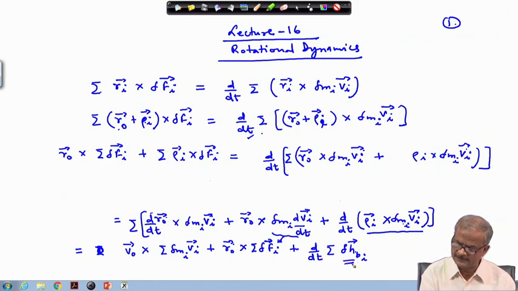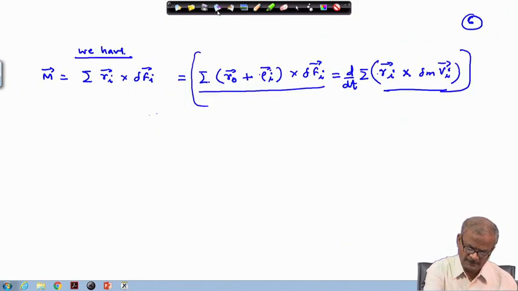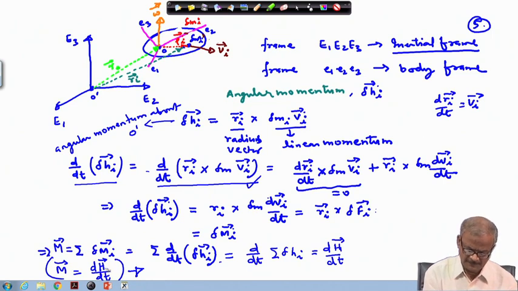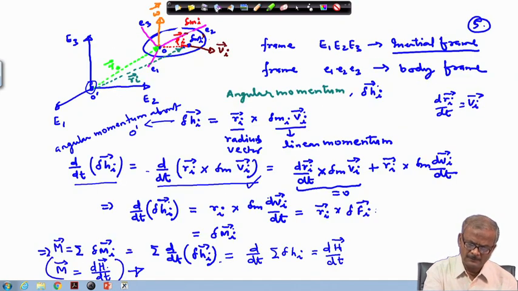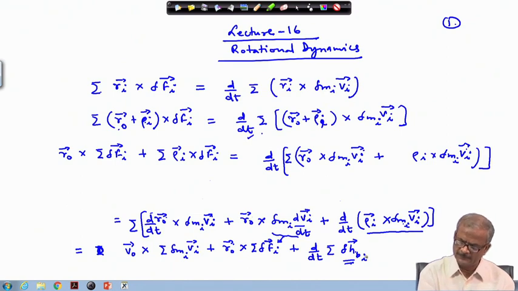Just look at this expression and the expression that we derived here. This capital H is the angular momentum about point O prime, while H_B is the angular momentum about O, this point. This is the difference, and you must be very careful about this.